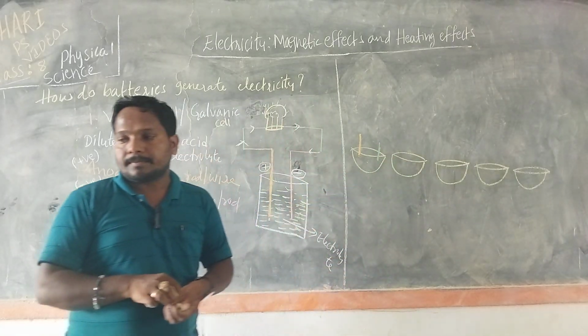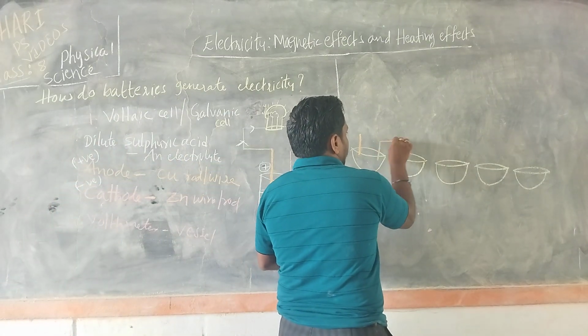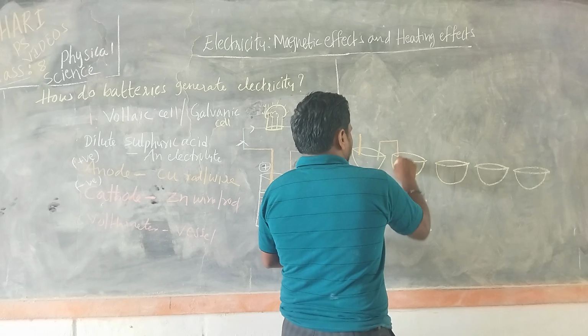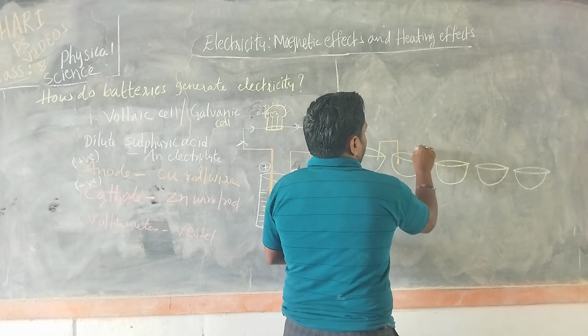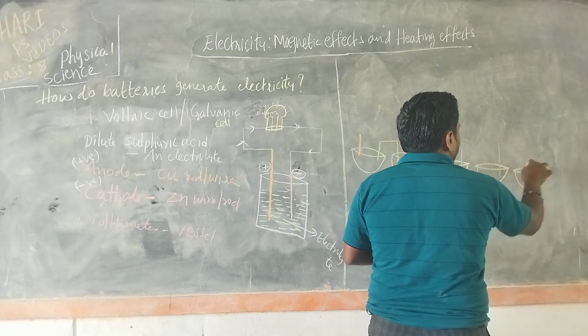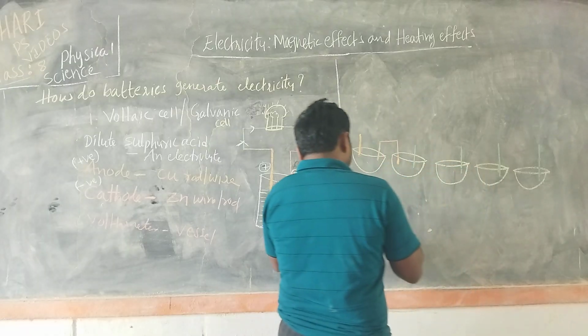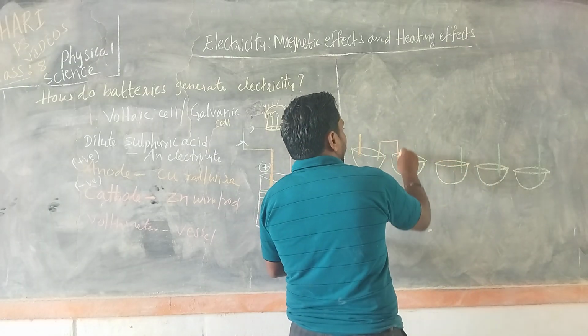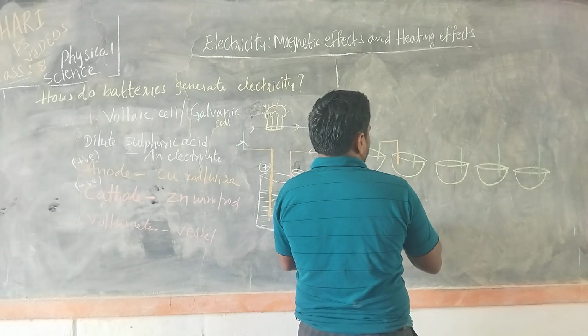Similarly like this, again this is connected with copper, and again this is iron. Iron nails on one side, copper wires on the other side. Then we give the connection.